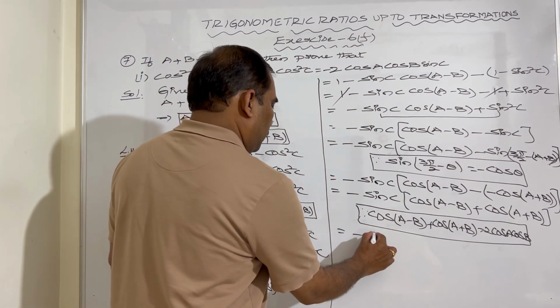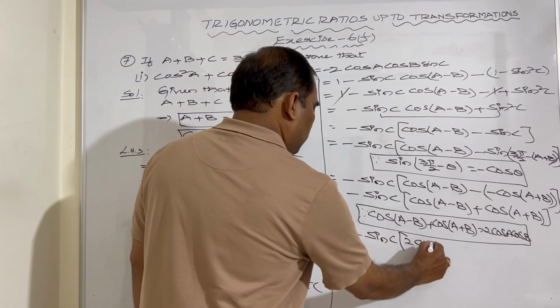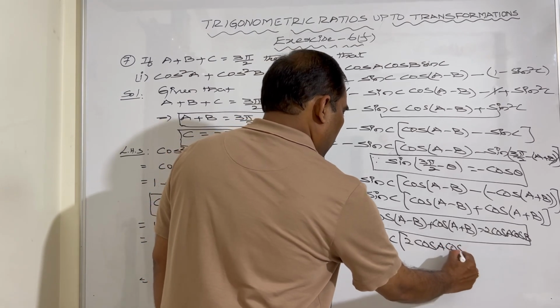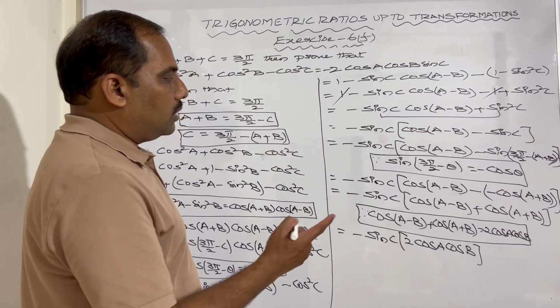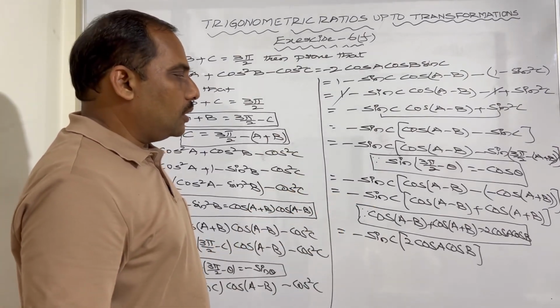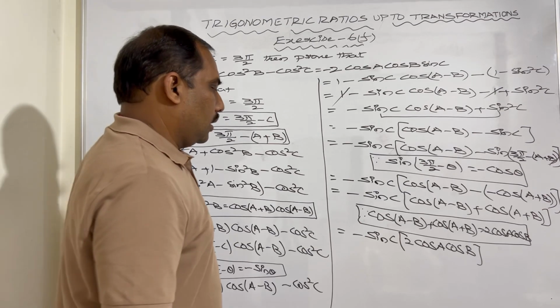So which is equal to minus sin c into 2 cos a cos b. We can replace that cos a minus b plus cos a plus b, or cos a plus b plus cos a minus b. For both the formula is same, 2 cos a cos b.